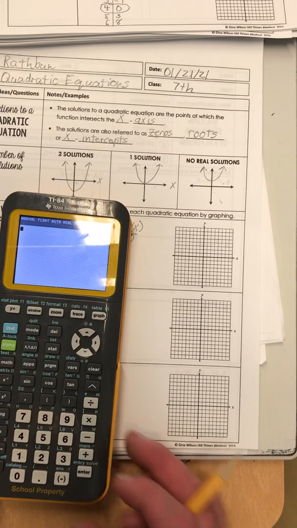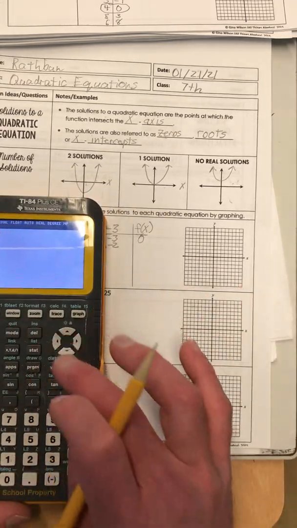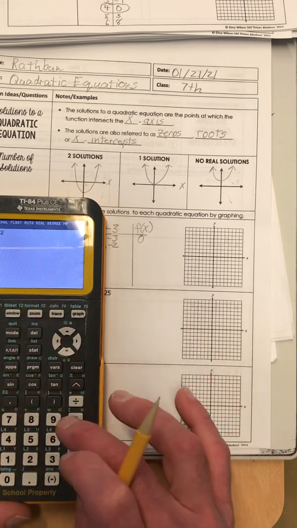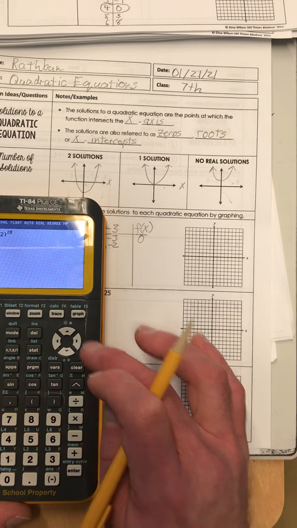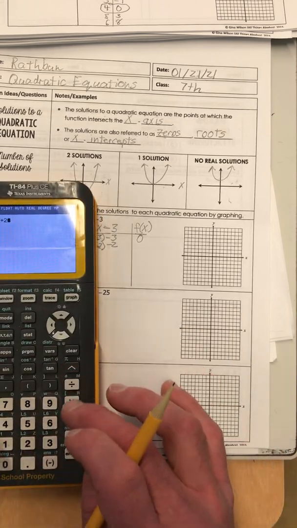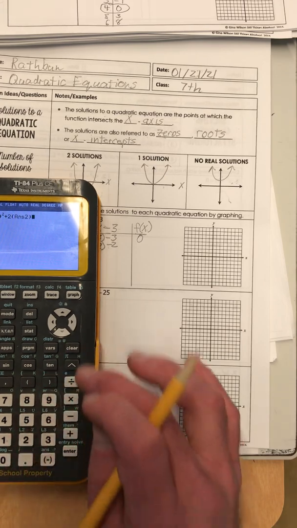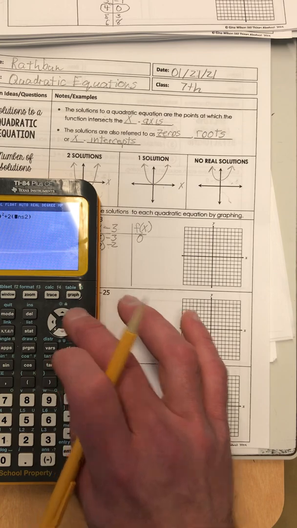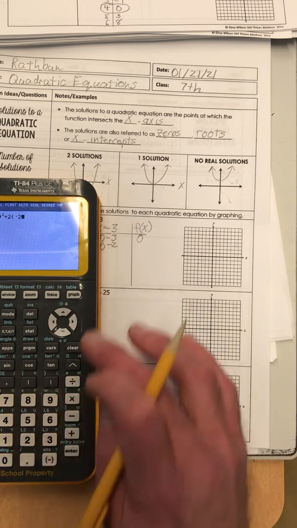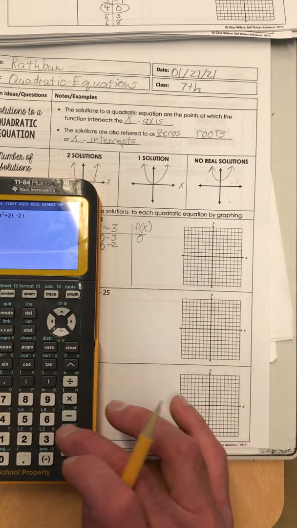I'm going to bring in the calculator on this. -2, I should put it in parentheses. -2 squared plus 2 times -2 and then minus 3.